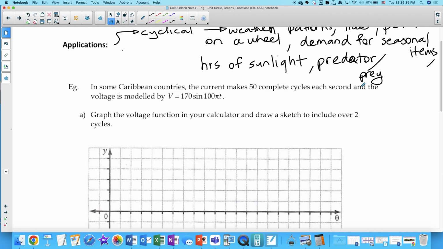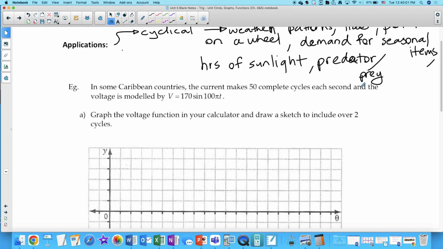Now, before I start to graph stuff in my calculator, personally, I need to do some analysis, because one of the hardest pieces of graphing in your calculator is figuring out the window settings. Okay? So in terms of my window settings, if I want to know 2 cycles, I got to know the period of this thing, because then I want to make sure I cover 2 periods.